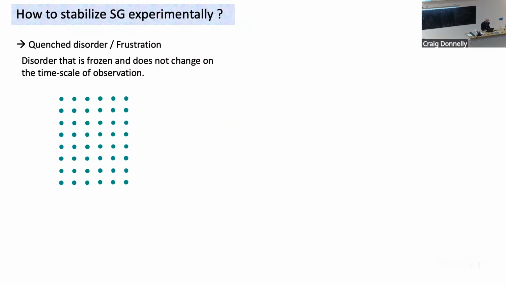Okay, so how to stabilize this? Well, quenched disorder and frustration. This is what we do. Typically, one takes a dilute system with spins, like manganese spins in copper. In copper, as I mentioned in my talk on Monday, you form a spin density wave where the copper becomes spin polarized, because if you only have available electrons with momenta up to the Fermi momentum, then they can incompletely screen the moment, in this case, let's say manganese.